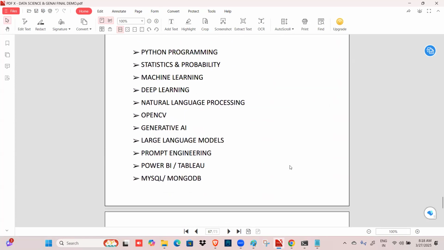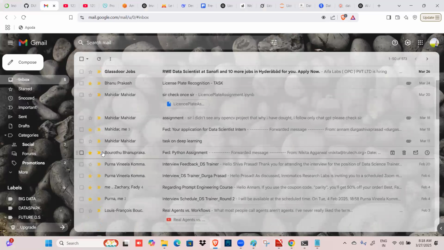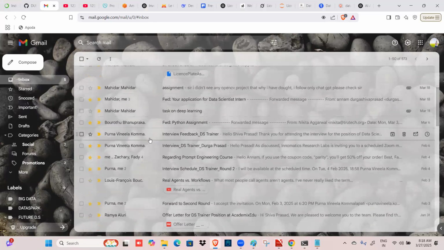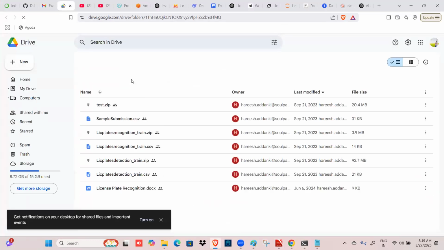And the course content that we are going to learn. Also, let's see some of the coding assignments. Now you can see this is an assignment given to one of our students.